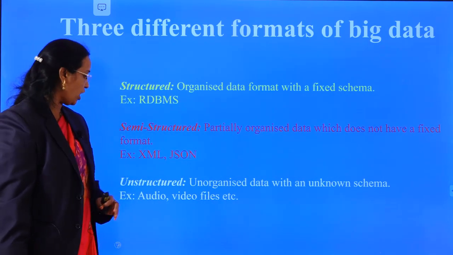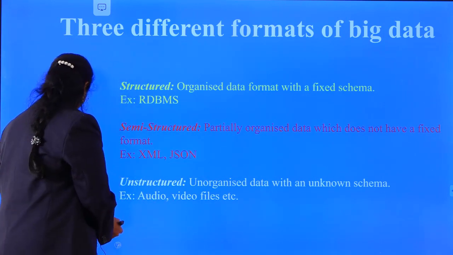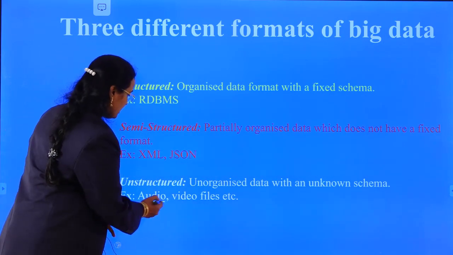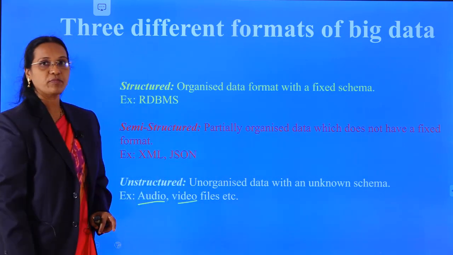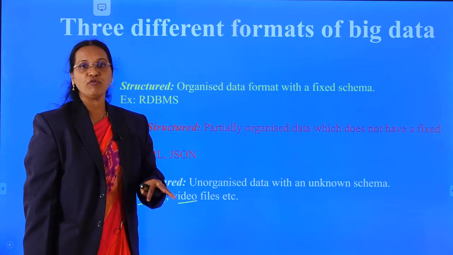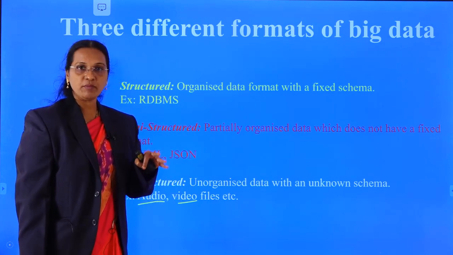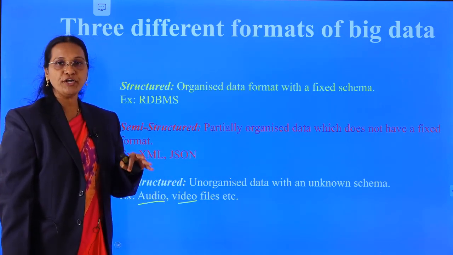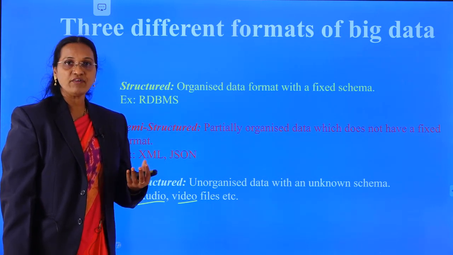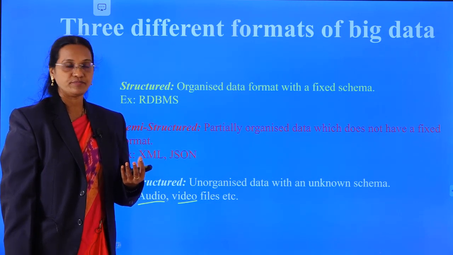Its schema is totally unknown, such as audio files, video files, etc. So, you have a large amount of unstructured data in your mobile phones too. In your mobile phones, you have GIF files, images, audio files, video files. That means every hand which is holding a smartphone is also generating a large amount of big data.